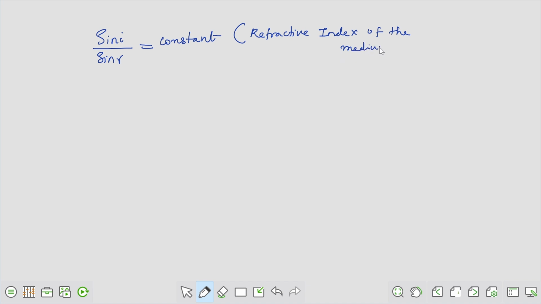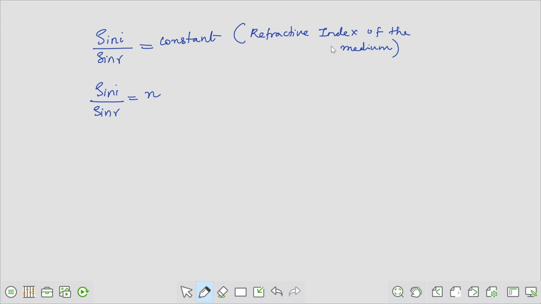It's a new term, but don't worry about it, we will learn about it. Now I'm using the letter n to denote this refractive index, so sine i by sine r equals n. That is a constant value.